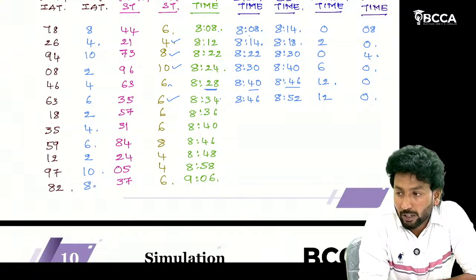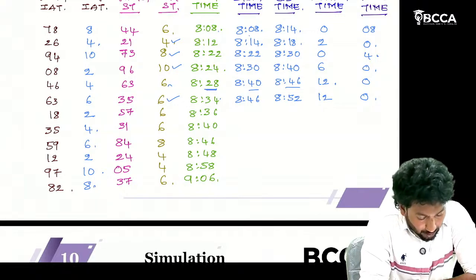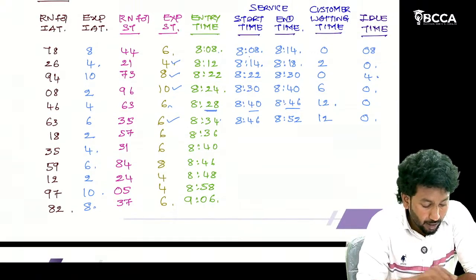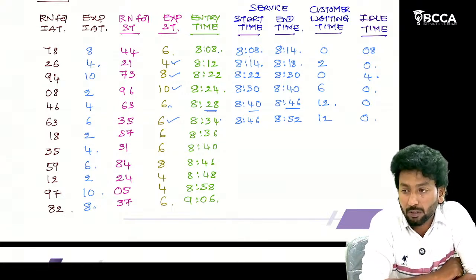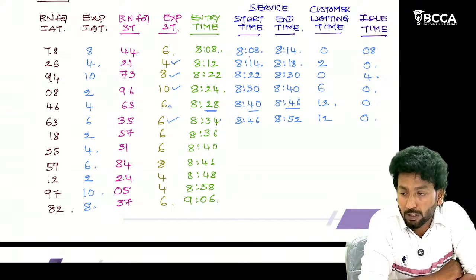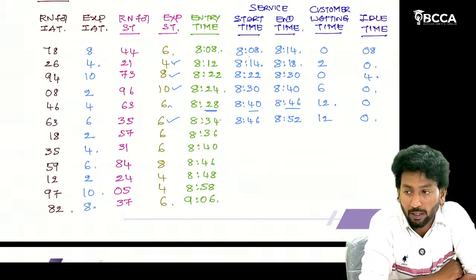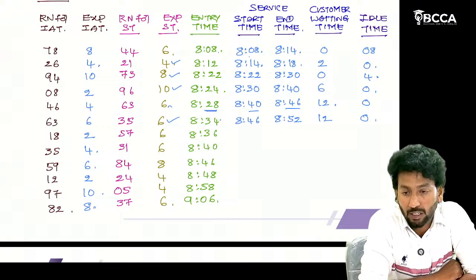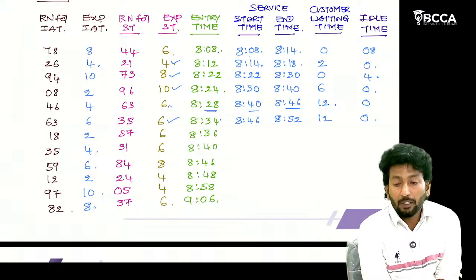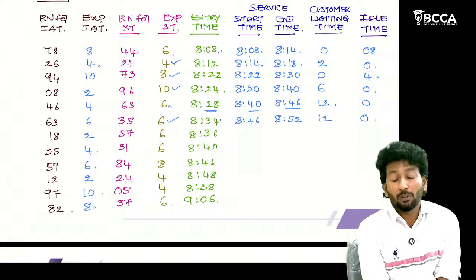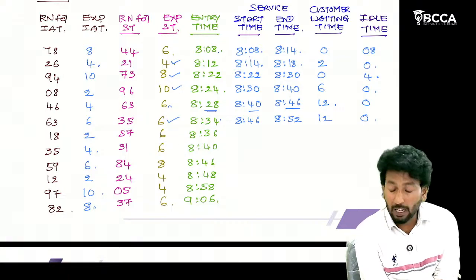Or else try to write the start time, end time, customer waiting time and idle time for the remaining customers. Practice this question, take your books, papers, pens and calculators. Similar kinds of questions were asked in previous examinations, and similar questions will be asked in the examination. This question has been asked in the previous two attempts, June 24 and December 23.